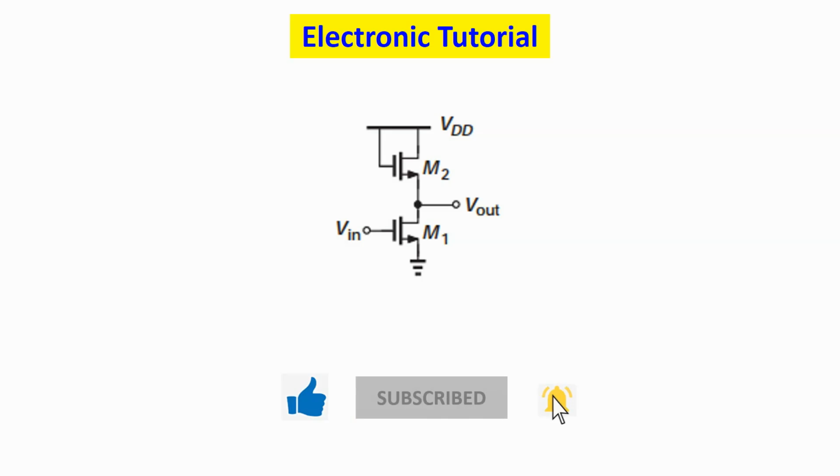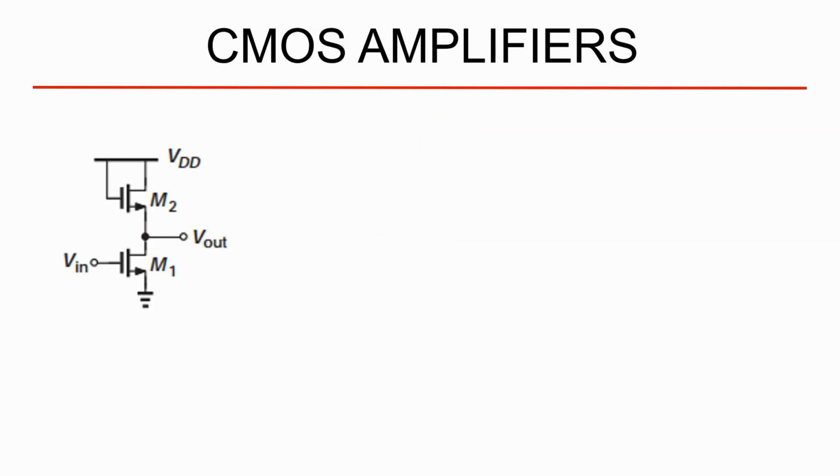Let's jump into it. This is the common source amplifier, and if you've already seen my previous videos, this is a basic common source amplifier with load resistance RD. This is grounded, this is V in, and this is V out.